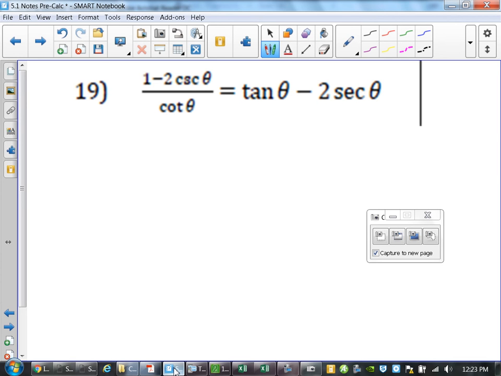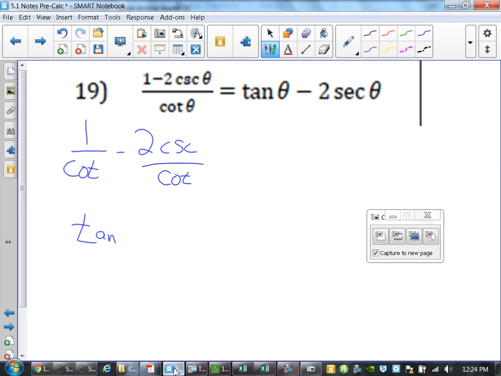Because then you get 1 over cotangent minus 2 cosecant over cotangent. What's 1 over cotangent? Tangent. Now, cosecant and cotangent are both reciprocal properties. So what I'm going to do is rewrite them real quick.